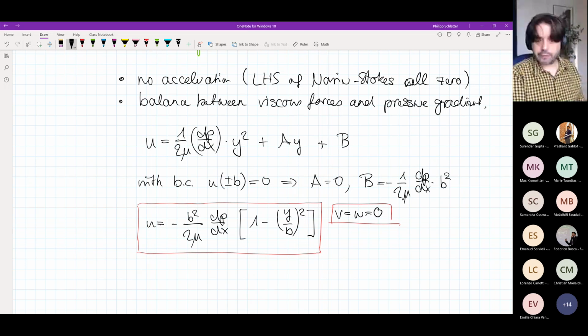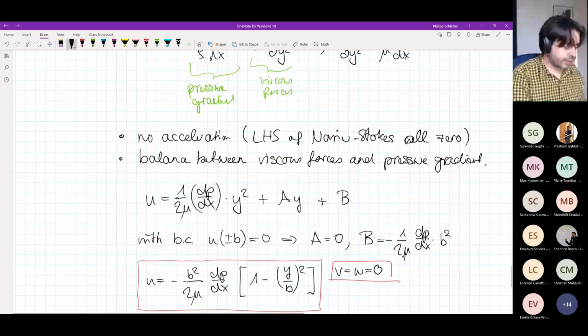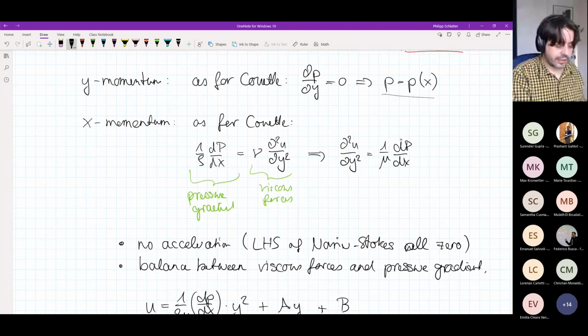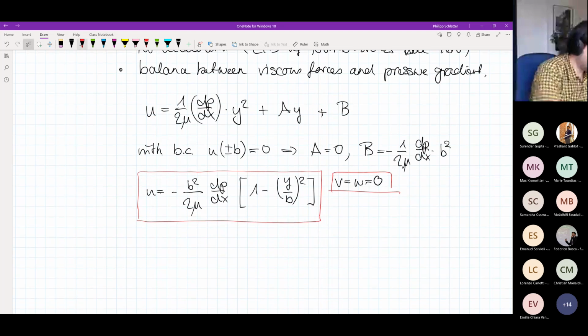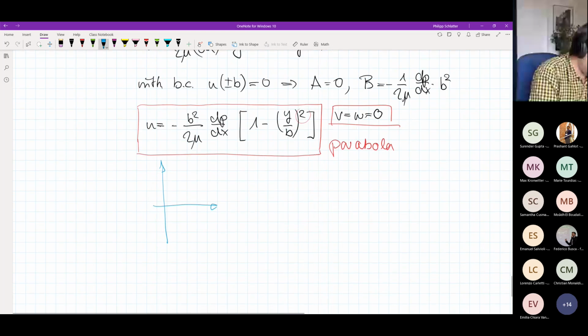This is a little bit different than for Couette, and it's different because we actually didn't have a 0 here, but we rather had a pressure gradient. So that means that the integration actually gave a squared term. So the shape of this, because we have this square here, is actually the one of a parabola. So if I'm now trying to sketch this, if this is u and this is y, then we have plus minus b.